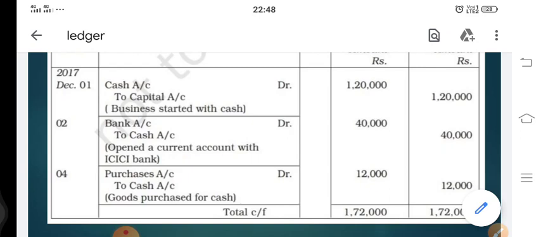Always remember, whenever we change the page in the case of a journal, we take the total also. That means while closing one page in the journal, we take the total and write it at the end with balance carried down or balance carried forward, that is total C/F, which stands for carry forward.